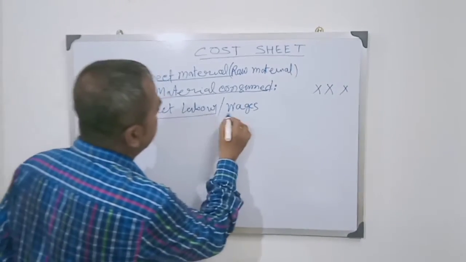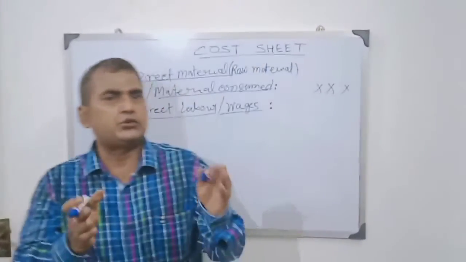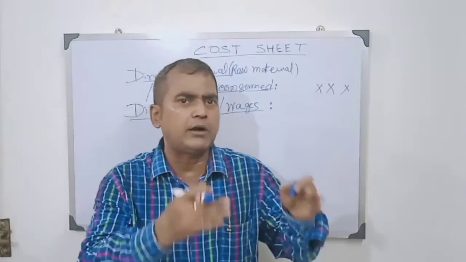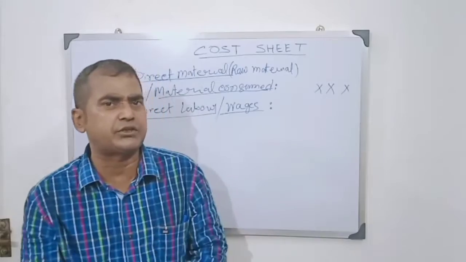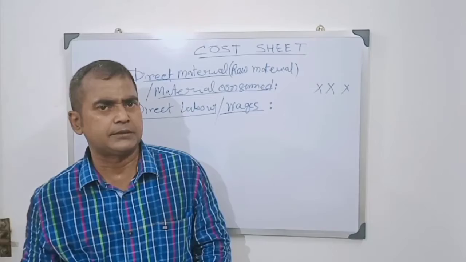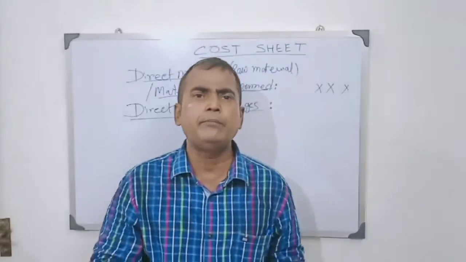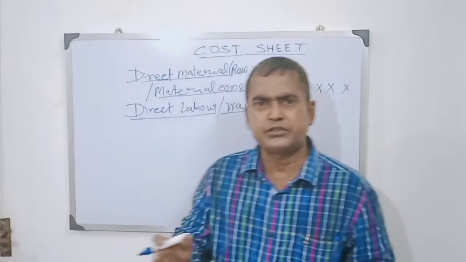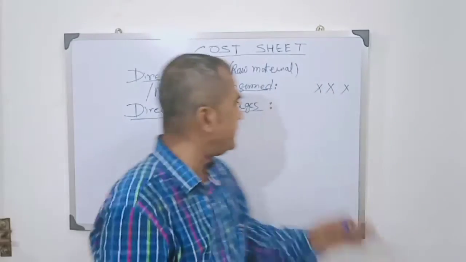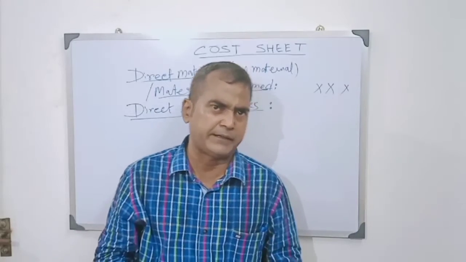Now direct labor or wages means remuneration paid to those workers who are directly employed on production, either using machines or without using machines. So direct labor cost is somewhat different from the labor expenses of those bringing raw material, that is helping the direct worker. That becomes your factory overhead.